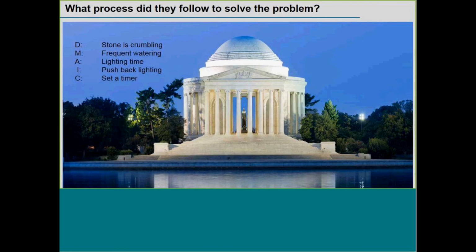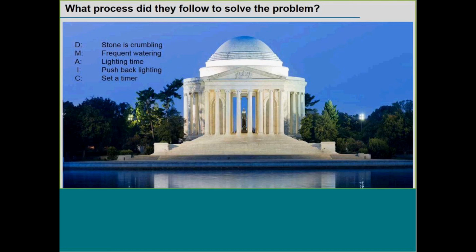So this is a great study completed by the Duran Institute, incredible organization for process improvement. In 2 minutes, we got to see the entire DMAIC process unfold. It can be hard to think when you go to see something like a monument and you see the stone crumbling, that the light is causing that.